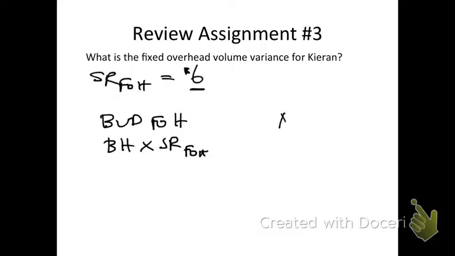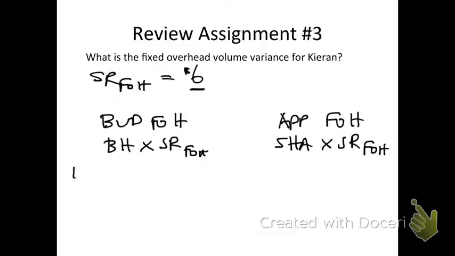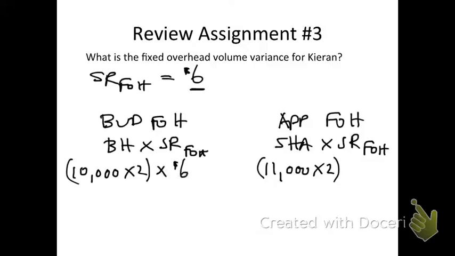Our applied fixed overhead is standard hours allowed times the standard rate for fixed overhead. So our budgeted hours is the 10,000 times 2, and our standard hours allowed is the 11,000 in actual production, and we expected 2 hours per unit. And we multiply each of these by 6.